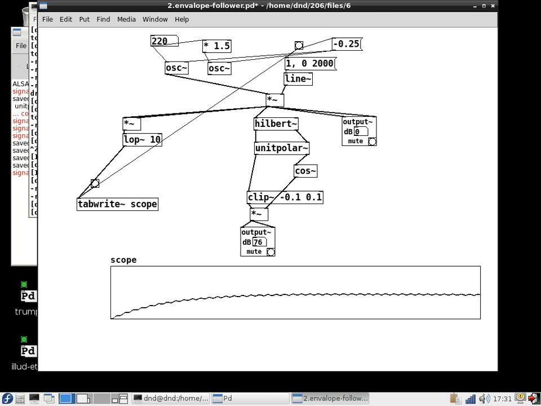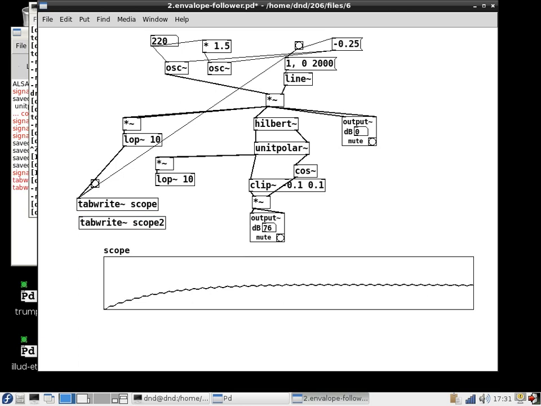Okay. Of course, you could just use this radius here. Now I need another tab. So I'm going to call this one scope 2, and I'm going to duplicate this.